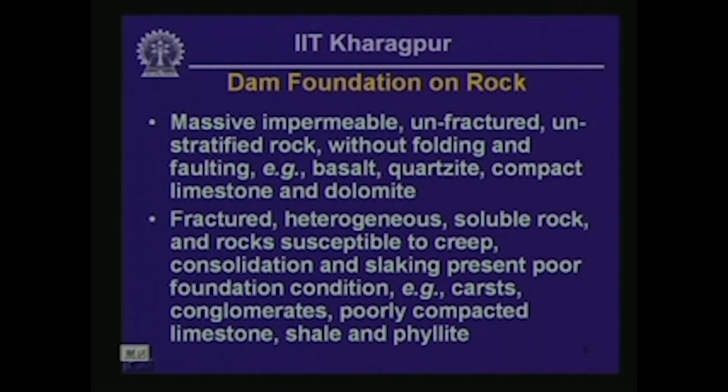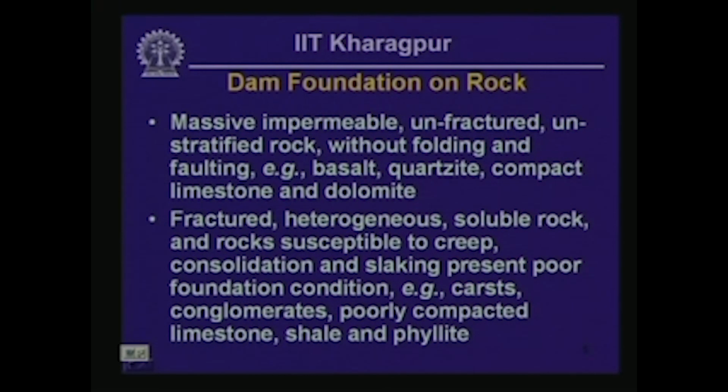First we consider dam foundation on rock, and then we are going to move on to dam foundation on soils. So the desirable characteristics of a rock foundation for a dam, earth dam or a gravity dam or an arch dam, any one of them, are as follows.